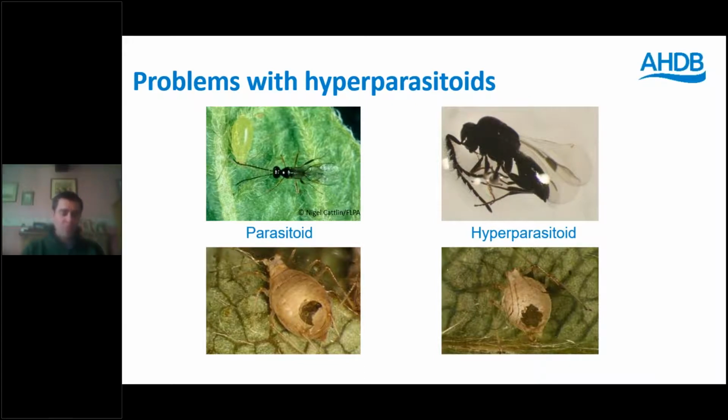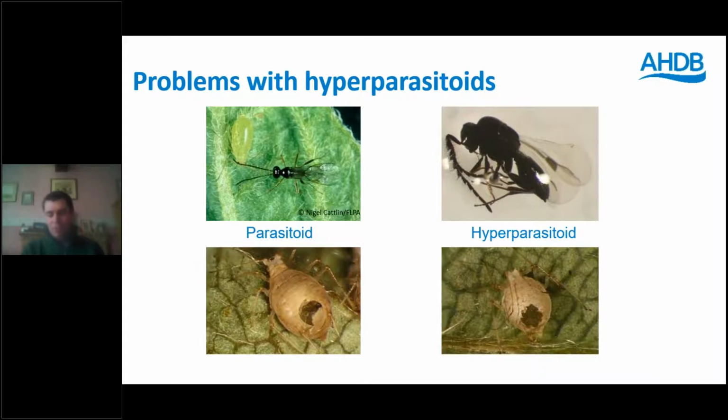So the image on the bottom left shows an aphid mummy that's been parasitized by an aphid parasitoid, and the key to look at is the exit hole on that mummy. Where a parasitoid's emerged, it's a nice round, quite smooth exit hole.